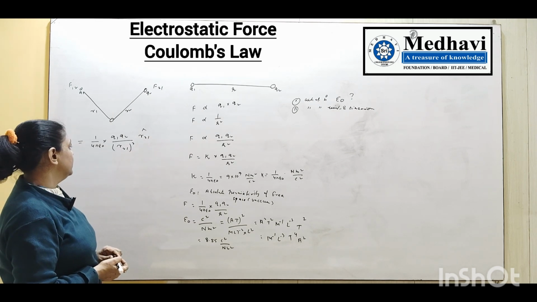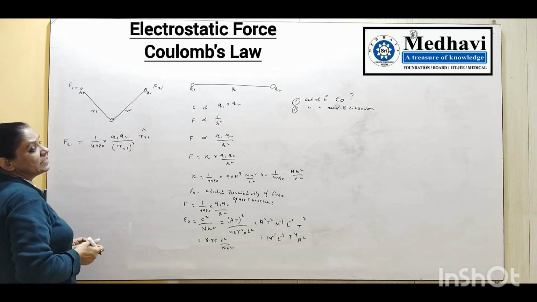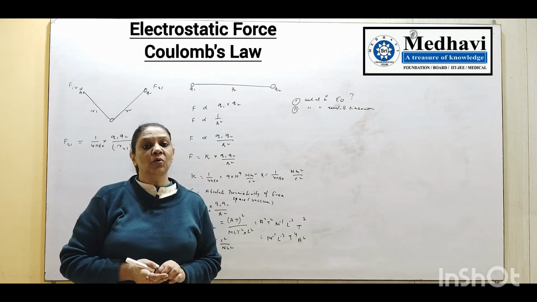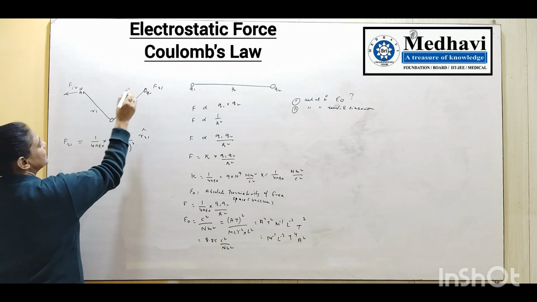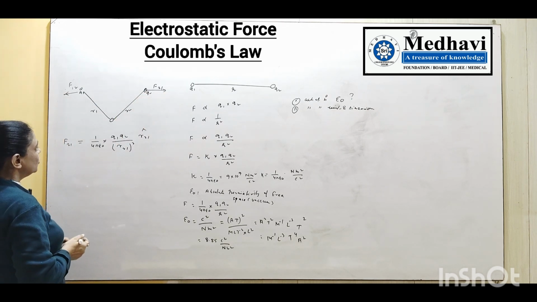Here one thing I want to say: suppose these two charges are of the same nature, either both positive or both negative, there will be a force of repulsion between the two charges.